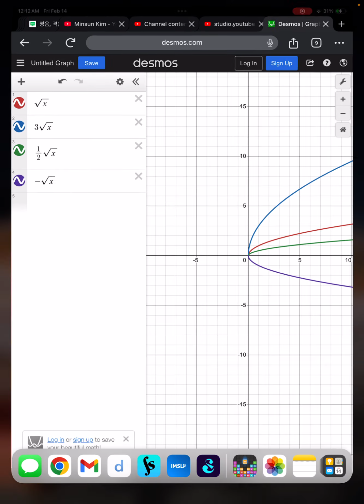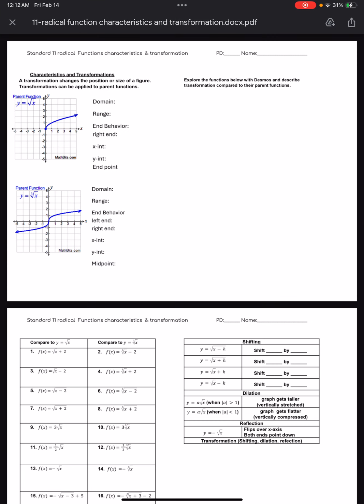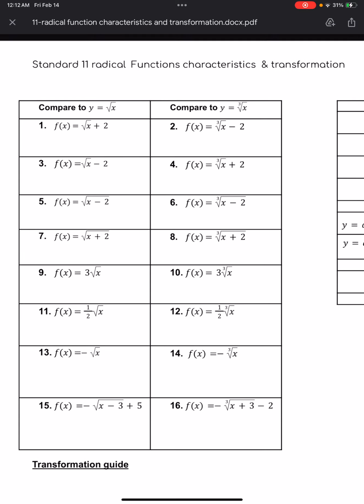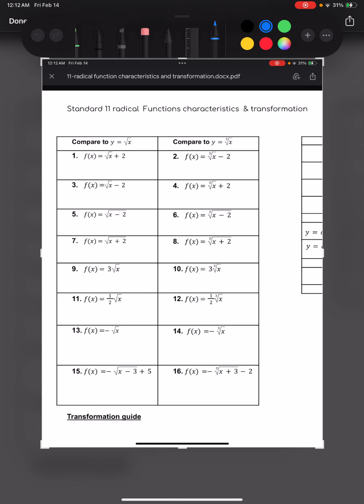I'm going to go back and describe all the changes here. For number 9, I can say stretch by 3, and your endpoint is again 0, 0.